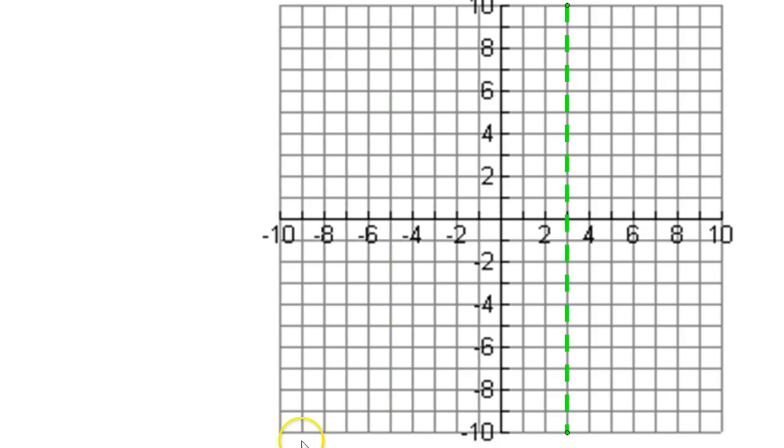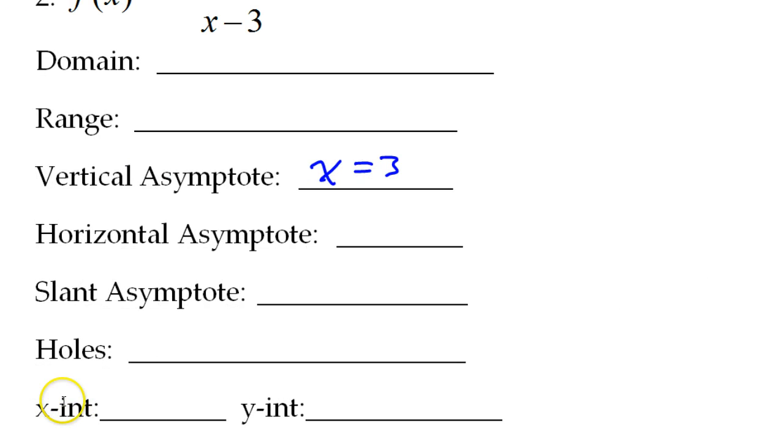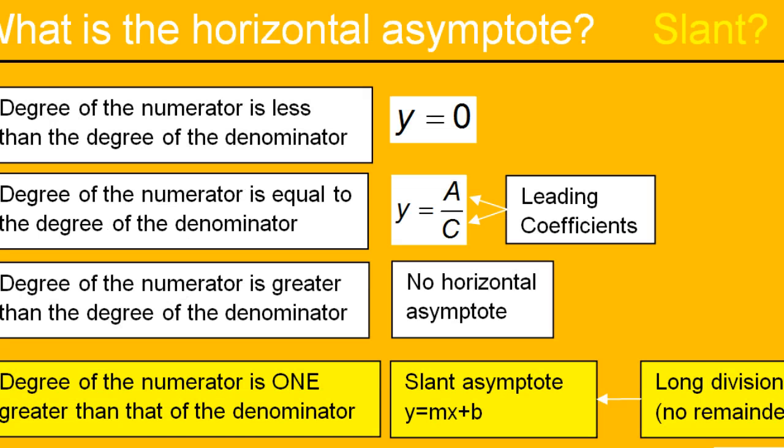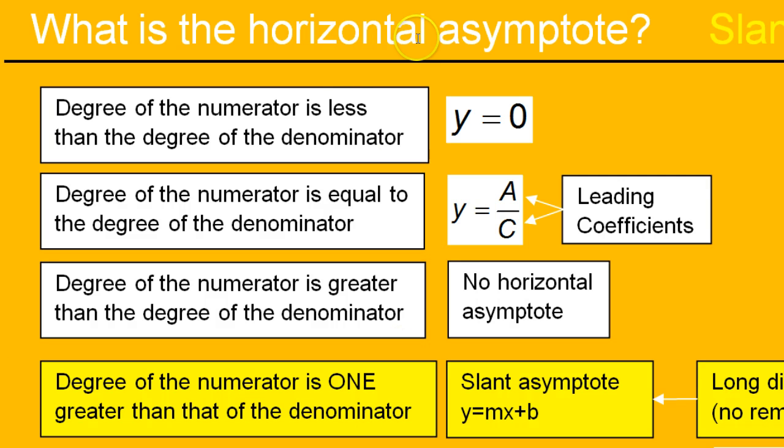And there it is. Alright, now let's talk horizontal asymptote or slant asymptote. It can't be both. So let's look at the rules. Remember, the horizontal asymptote is all about the degree of the numerator as opposed to the degree of the denominator. So which one of these situations are we in? Is the degree of the numerator less?